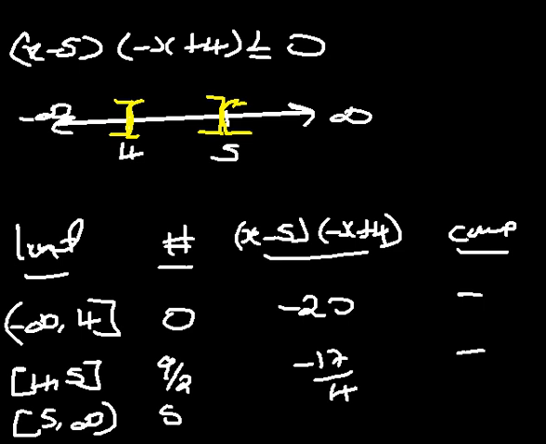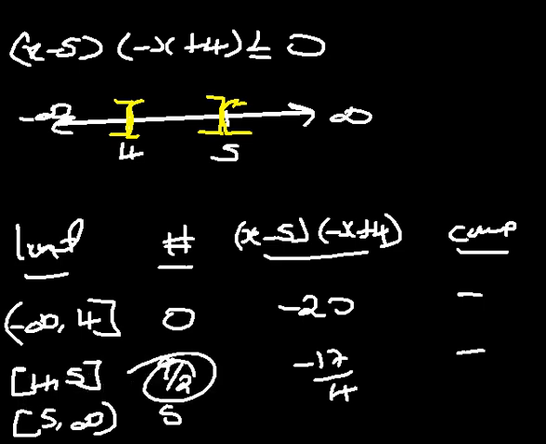In this case, here with 5, we'll have 0. These values are the real solutions for our equation, hence we should not use those values here, but we should use the values between.